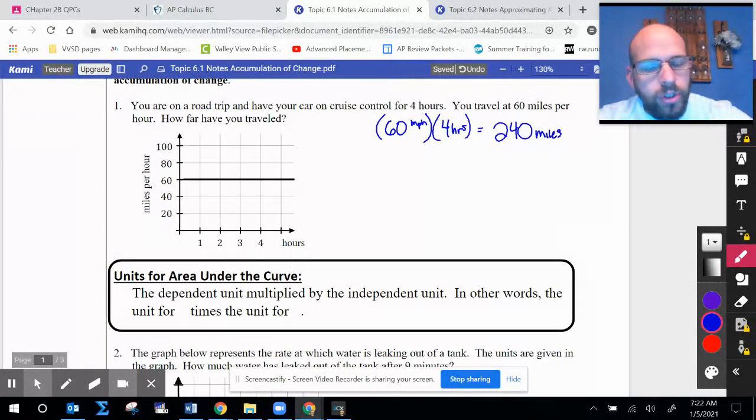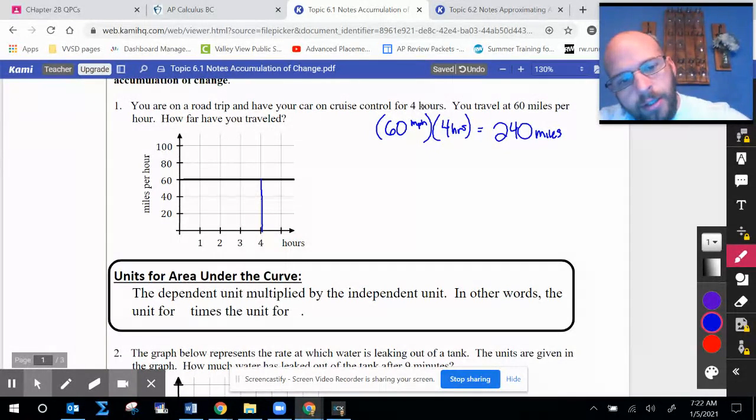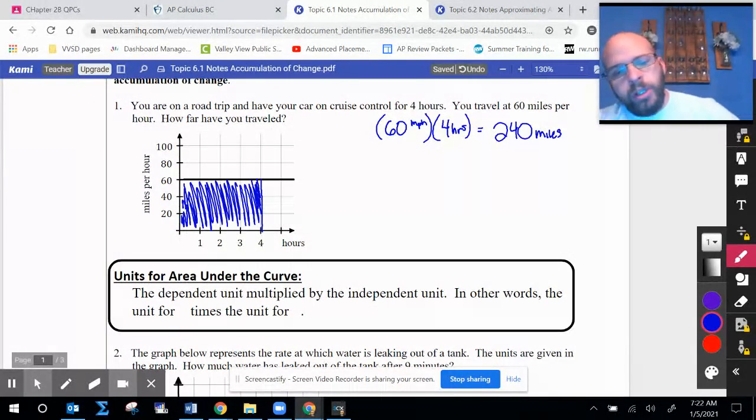However, I want to show you visually what that looks like. I can find the area under the curve from 0 to 4. This region is just a big rectangle.